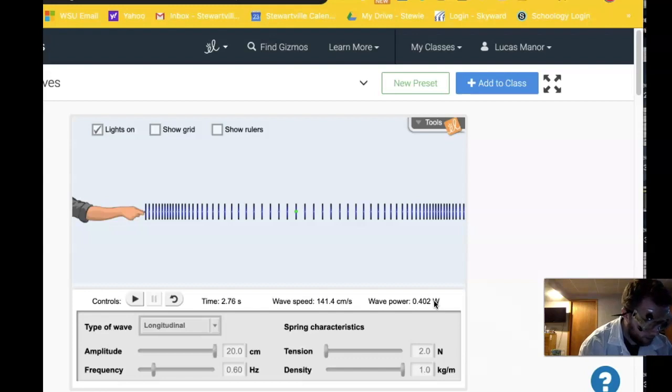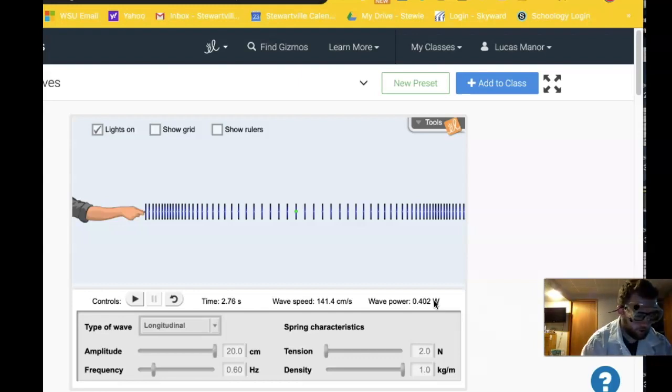Now we need to compare this to the power of a transverse wave with the same settings. So if we look back up at our table, and we look for our transverse wave with the same settings, that should be the very bottom one from our table.